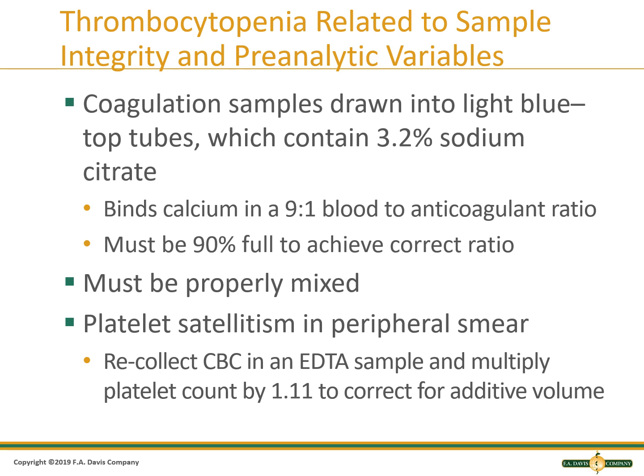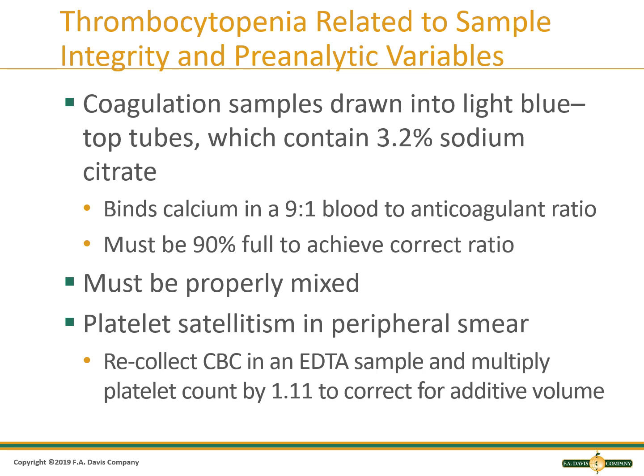You also want to make sure the tube has been mixed properly. Once the blood is drawn, it should be gently rocked back and forth. Now, if that ratio has been met, you want to make sure that it's mixed as thoroughly as possible.